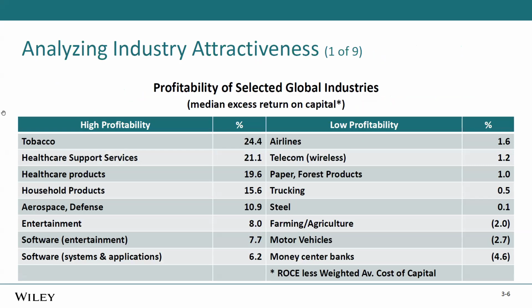And why do we bother doing this? Why do we analyze the industry, for example? Well, it turns out that different industries have very different average profitability rates. This graph shows median excess return on capital. What does that mean? It means economic profits, those economic profits we were talking about, profits in excess of our weighted average cost of capital.